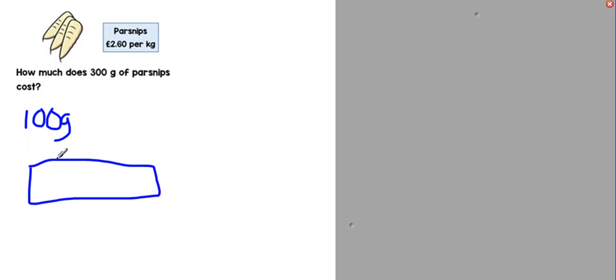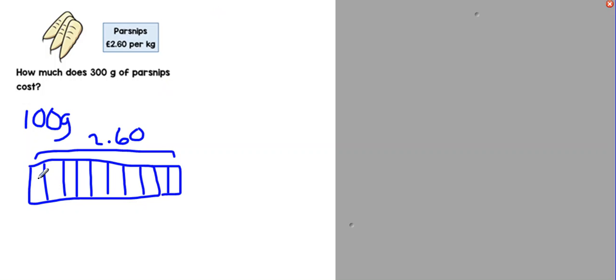So the first thing I would do is I would work out how much 100 grams of parsnips cost. Okay? And then from there, you can work out how many 300 grams cost. Okay, so you could draw a bar model to help you if you wanted to work out how much 100 grams is, to then work out how much 300 grams is. Okay, so if we've got our bar model here, and I will split it.